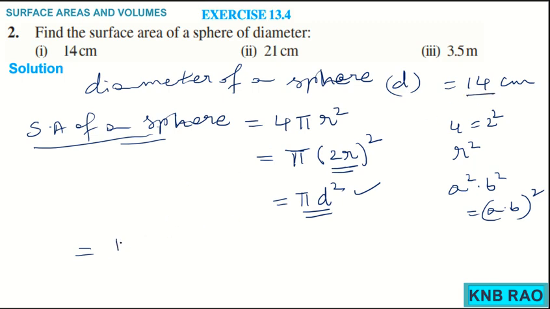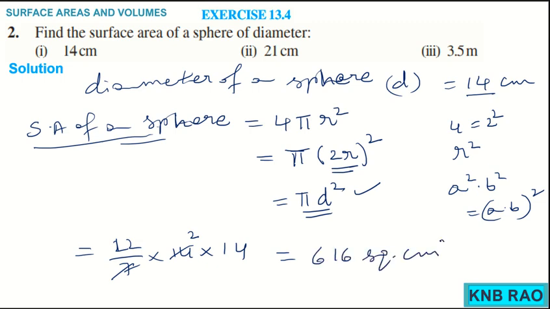So, 22 by 7 into 14 into 14. This cancellation 7 with 14 is for twice. So, again you will get similar answer, similar way of doing. So, 616 square centimeter is the answer.